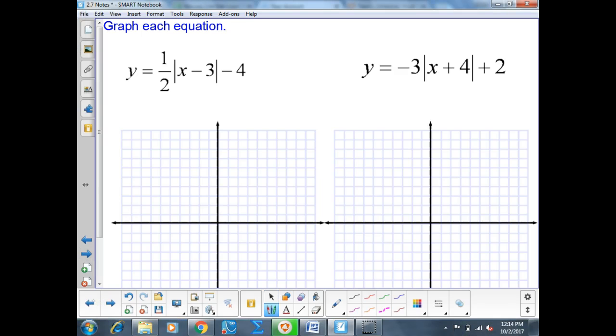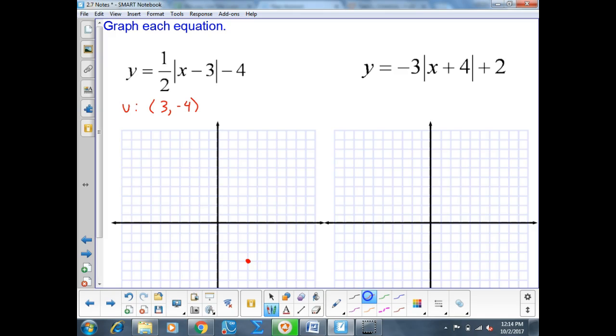Alright, so where's the vertex in the first one? At 3 comma negative 4. So I go to the point 3 comma negative 4 and I put a dot.